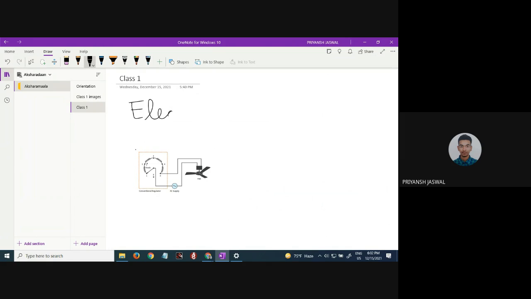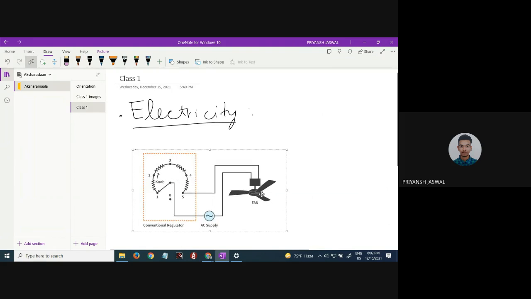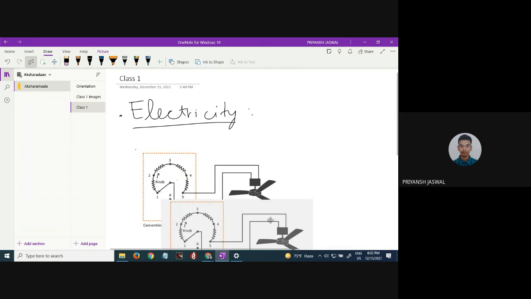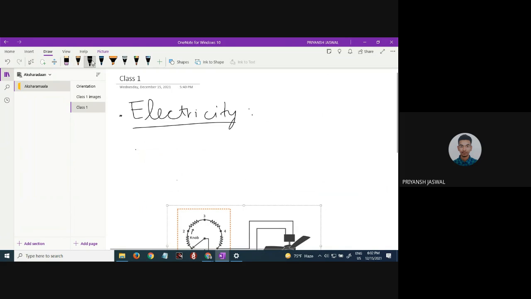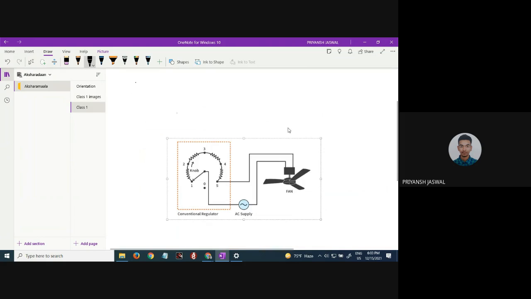Today, the first topic which we will learn is regarding electricity. So, have you ever wondered how the regulator on the electric fan works?